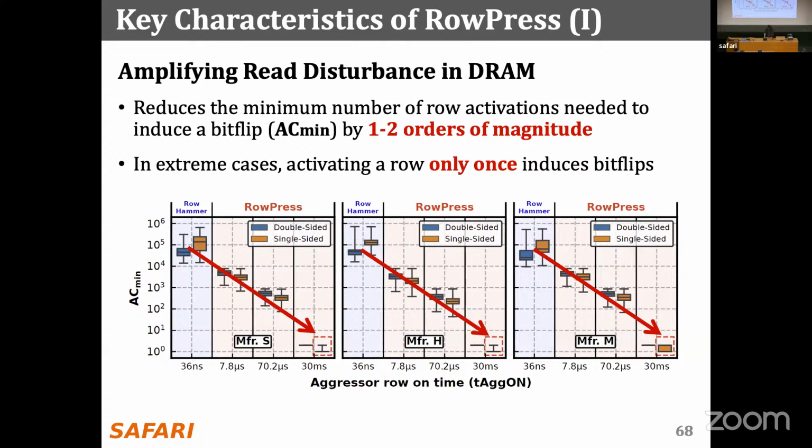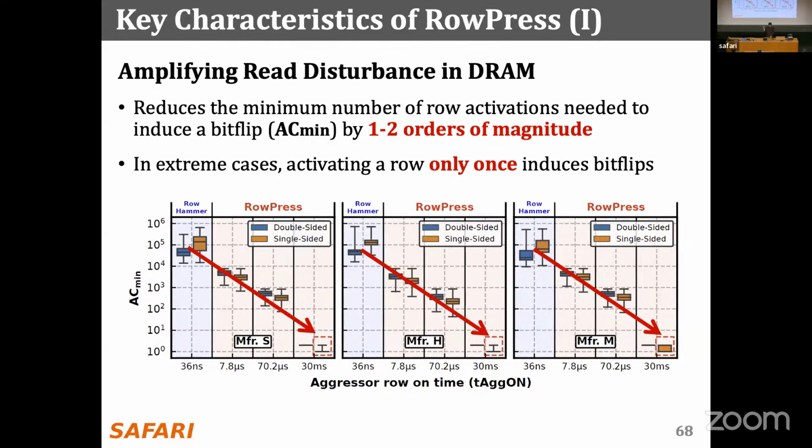In more realistic cases, let's say 7.8 microseconds, that's your refresh interval, the time interval between two refresh commands. Also 70.2 microseconds, which is 9 times 7.8 microseconds. That's the maximum amount of time that you can postpone your refreshes, because in many cases, your memory controller wants some flexibility or deadline guarantee in scheduling DRAM commands.